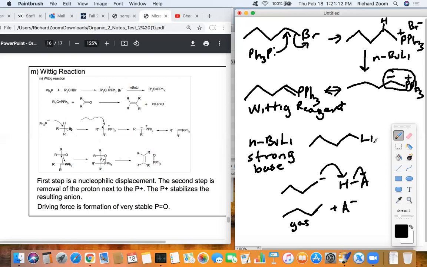In order to light it, you hit the flint on top of the lighter, and it releases the butane as a gas once it hits the atmosphere, and then that can be lit up, and that's what creates a flame in the lighter. So it's a pretty dangerous thing to work with, especially when you hit it with water, because water is acidic enough to react with n-butyllithium. All right, does anybody have any questions?